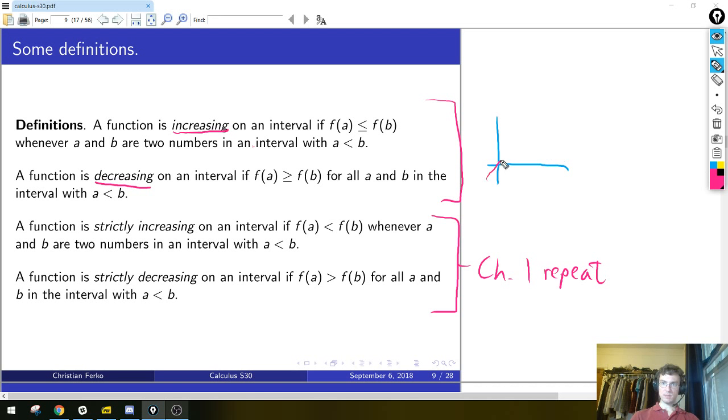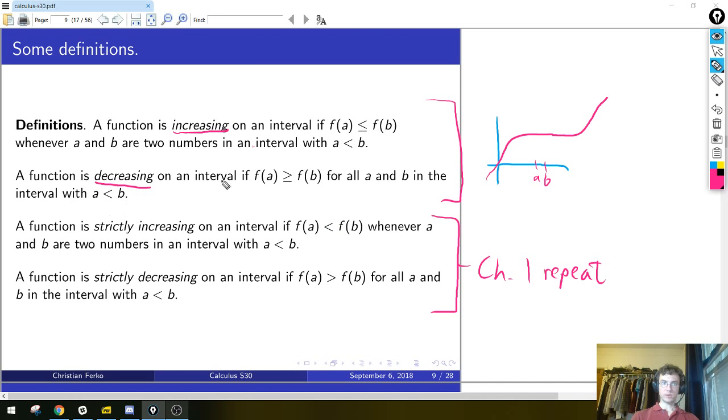Maybe it's going up like this, and then it plateaus and it's constant for a while, and then it's back up again. This function counts as increasing because you can have two points a and b where f of a equals f of b, even though a is less than b. But it would not be strictly increasing, because strictly increasing has the less than without the less than or equal to.